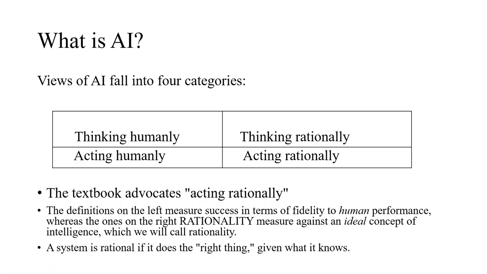So first we will see what is AI. Generally, the term artificial intelligence does not have a specific definition, but its concept lies in four views of AI, such as thinking humanly and acting humanly, which was the initial approach that machines should think and act like a human.